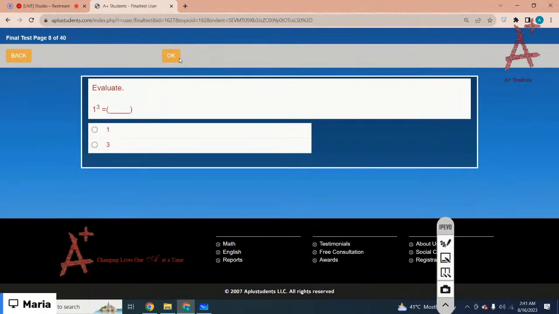Okay, evaluate 1 exponent 3. Which is the correct option? 1 multiplied by itself is 1, right? 1 times 1 times 1 equals 1.